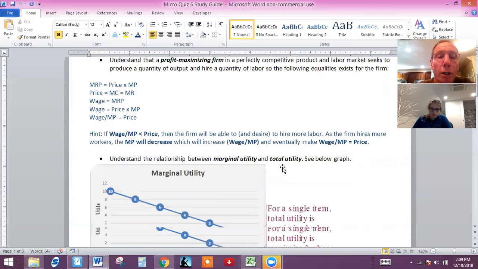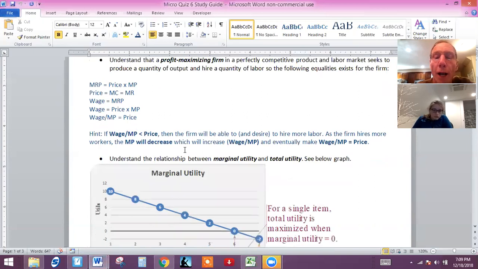But the thing you want to know here, in order to answer the question correctly, is that if the ratio wage over marginal product is less than the price, then the firm will hire more labor.